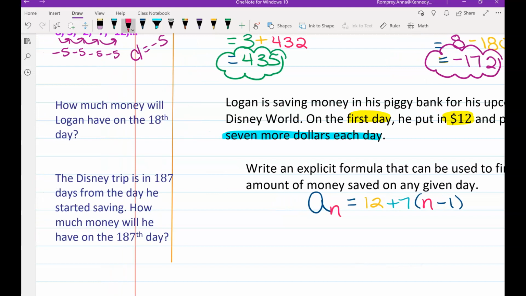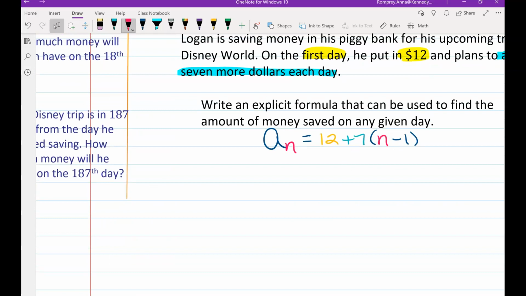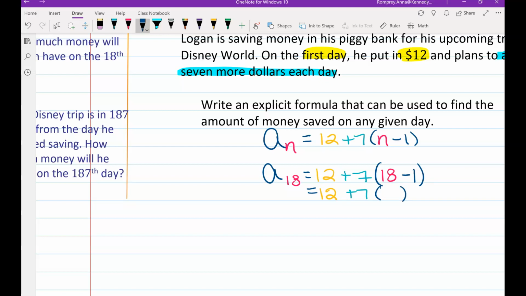So let's come back. It says, how much money will Logan have on the 18th day? Okay, so on the 18th day, I'm going to replace all of my n's with 18. And then let's simplify. On the 18th day, it's got $12, and then we're adding 7 more times 17, not 18.